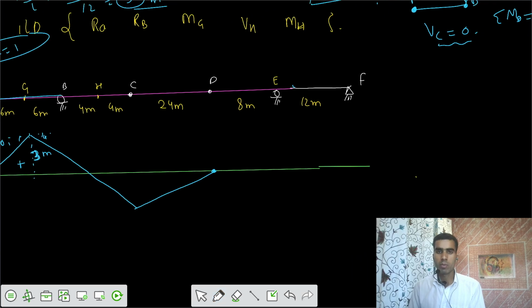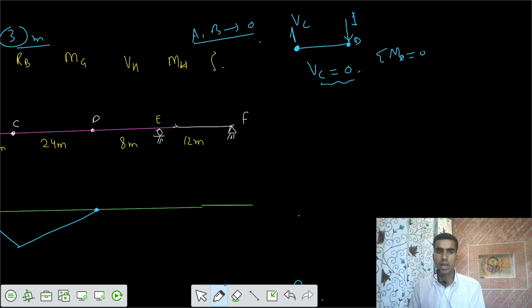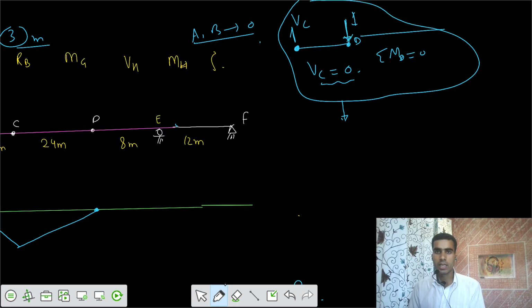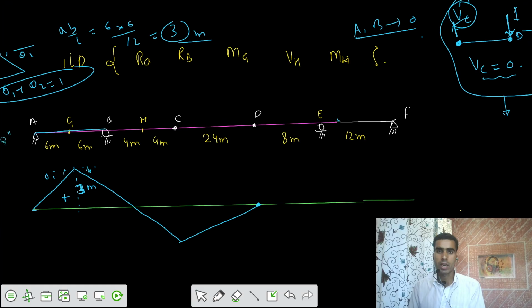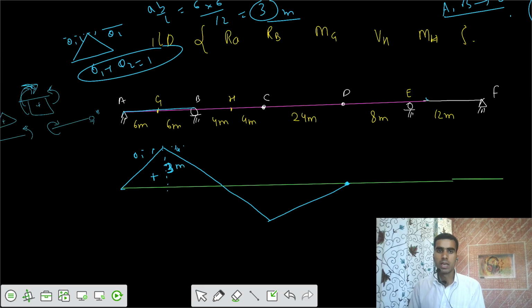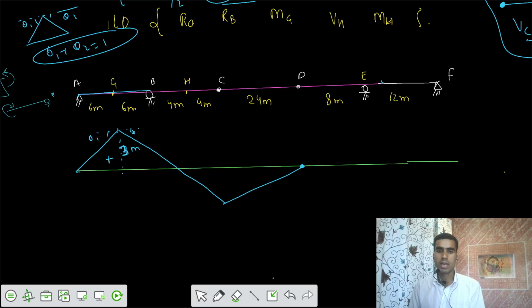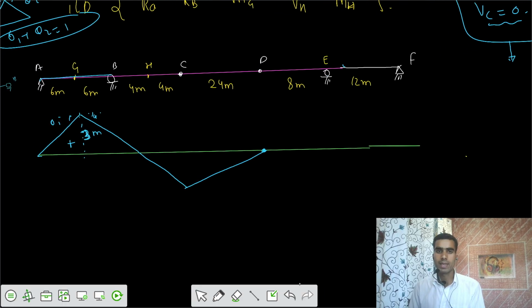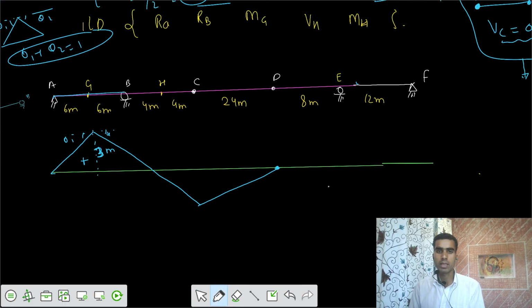After that, there won't be any moment, because we already saw that if there is load at D, or just after D, there is no shear force at C. Once there is no shear force at C, no shear and moment gets transferred to any point after D, that is C, B, A. So this is your variation. After that, there would be a zero variation. Moment at G, this would be your variation.